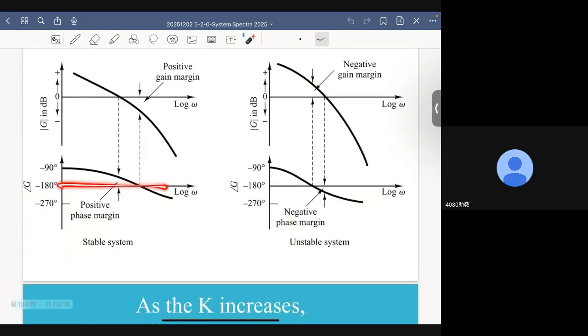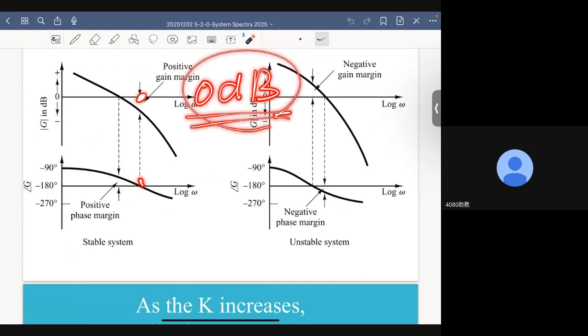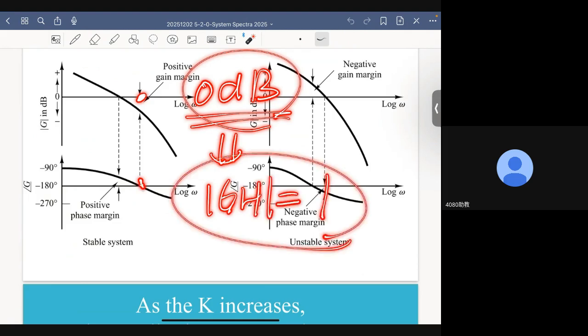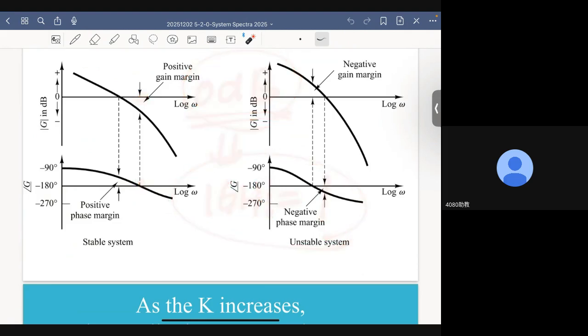And if in this case the gain is 0 dB, which is the value of the magnitude plot of the Bode diagram, which means the gain is 1, then the system is on the verge of instability.